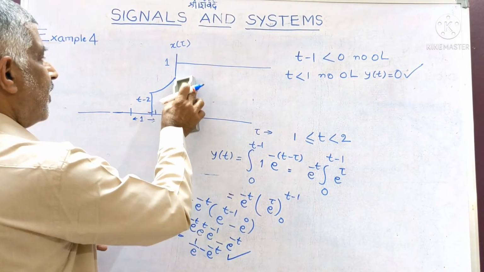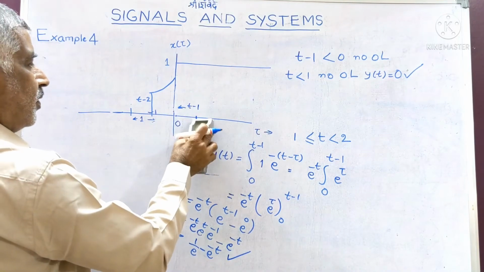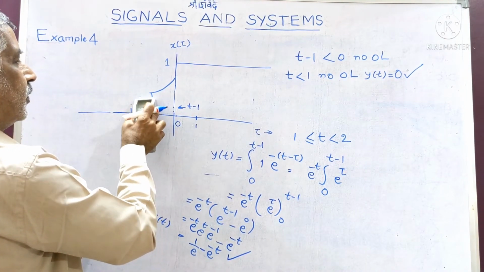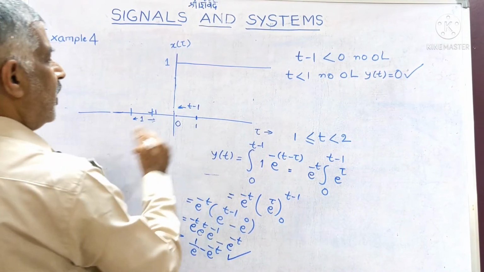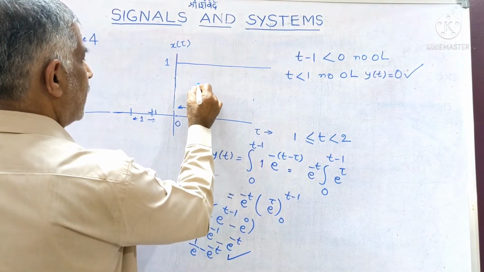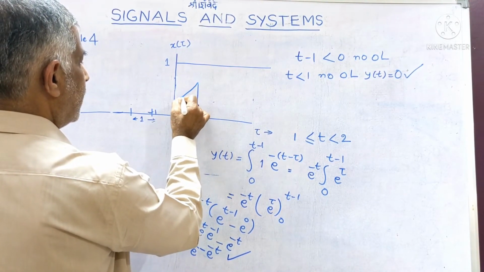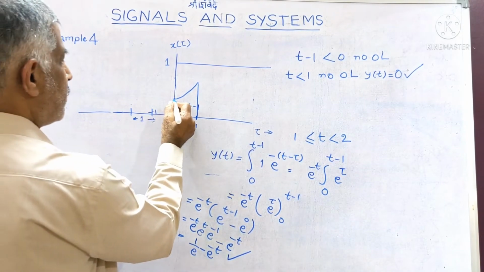Now the waveform has advanced up to here. So the t minus 1 edge has come here, and the t minus 2 edge.